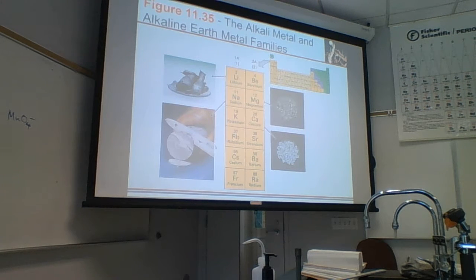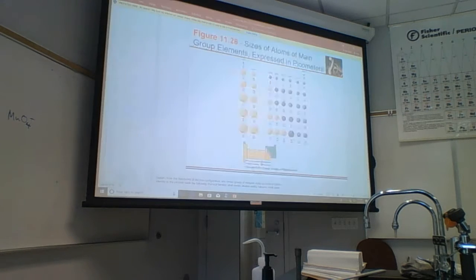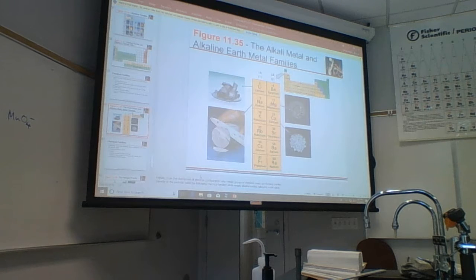It's smaller, therefore it should be less reactive. It should be harder to oxidize. It should be harder to take an electron off of. And so lithium's smaller, which is fine. It should mean that it's less reactive.